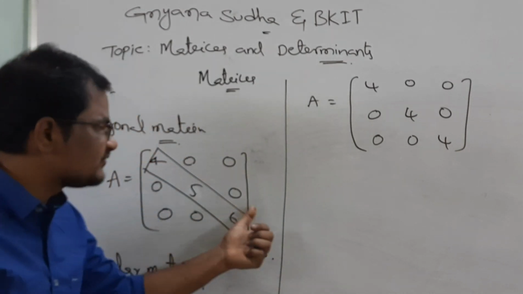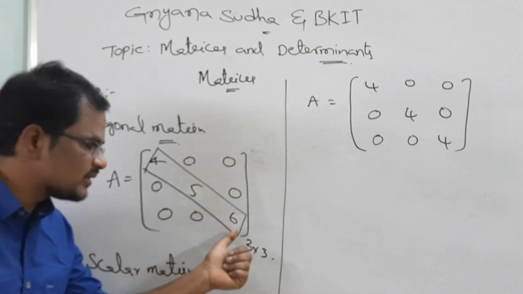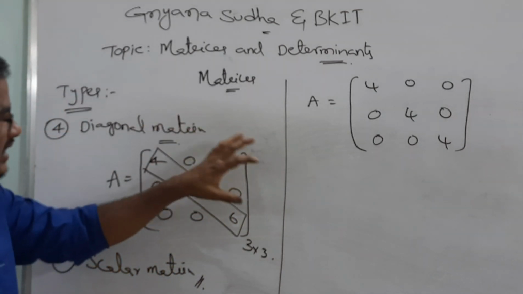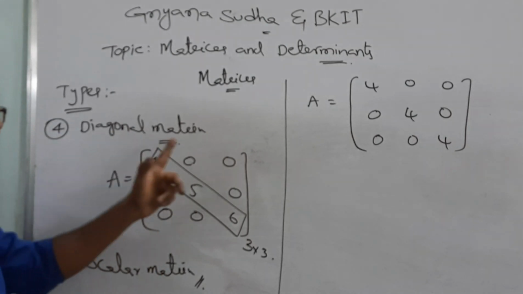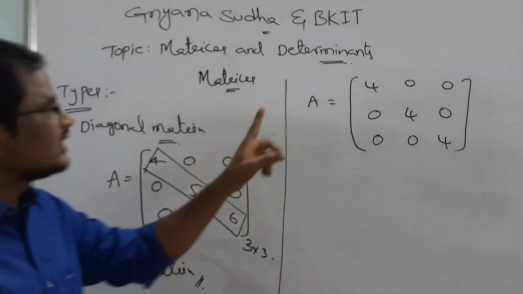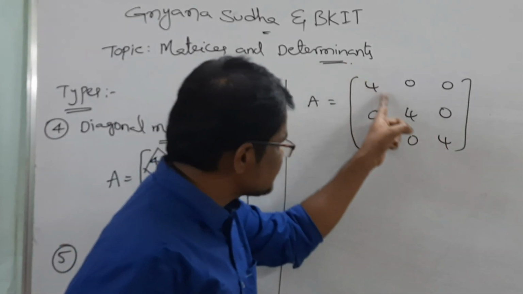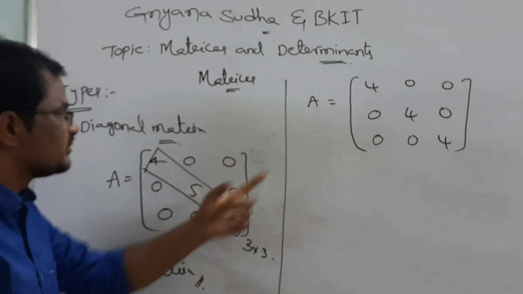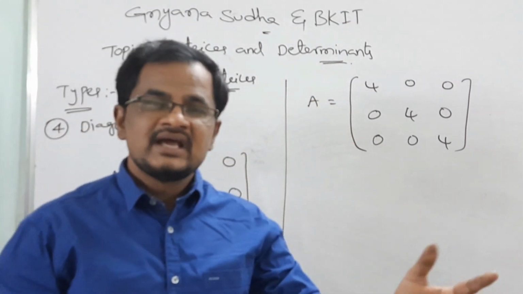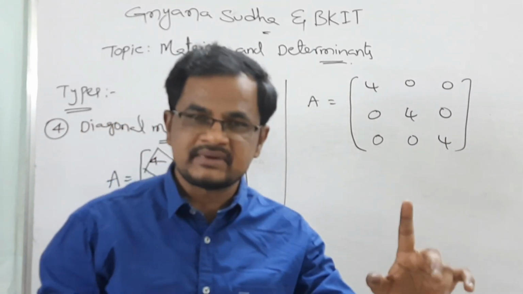What is the difference between these two? In a diagonal matrix we are not discussing the principal diagonal elements, just that the non-diagonal elements are 0. But here the principal diagonal elements should be the same, then that diagonal matrix is said to be a scalar matrix.